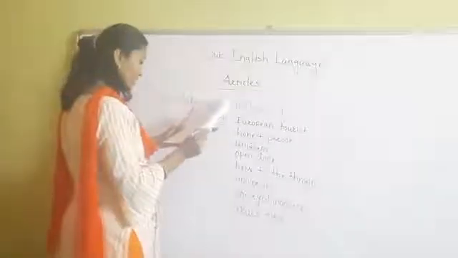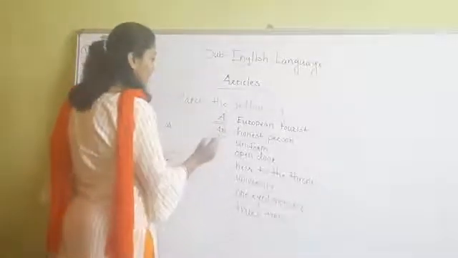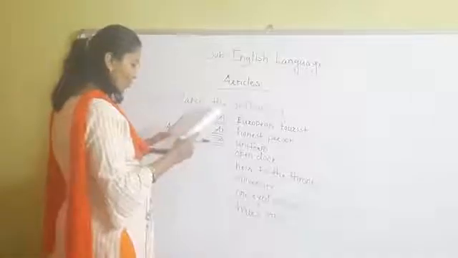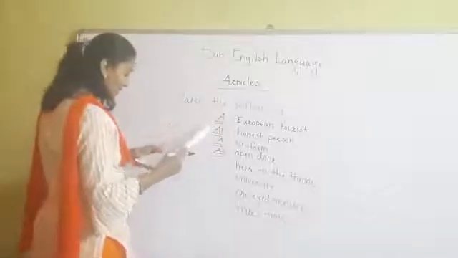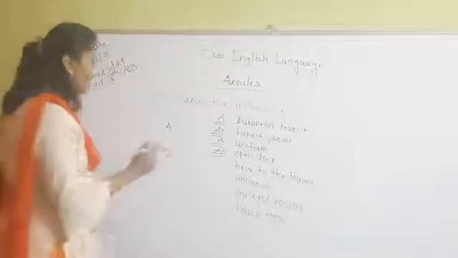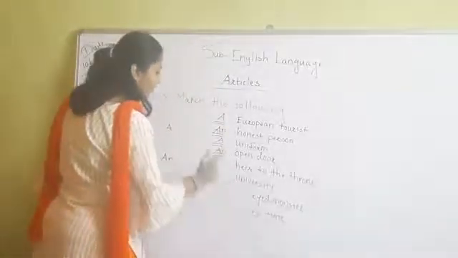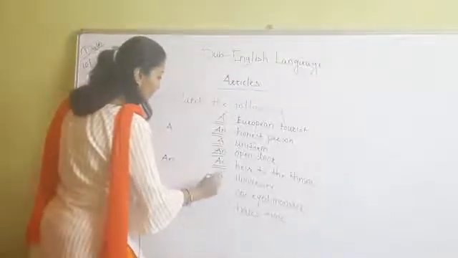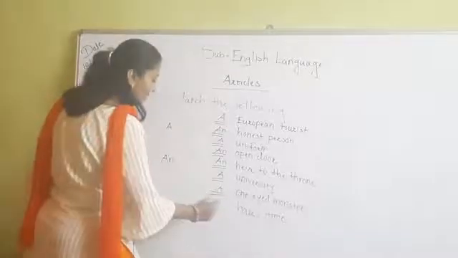An honest person, a uniform, an open door, then an heir to the throne, a university, a one-eyed monster, and an hour's time.